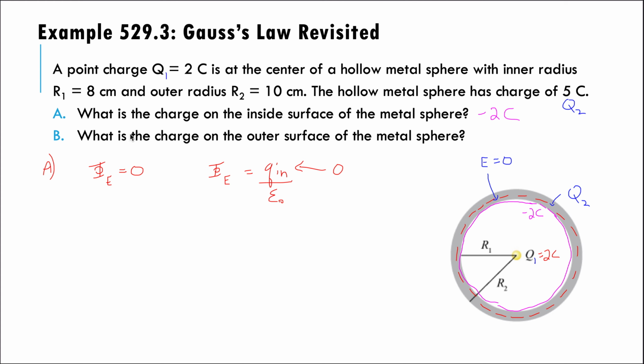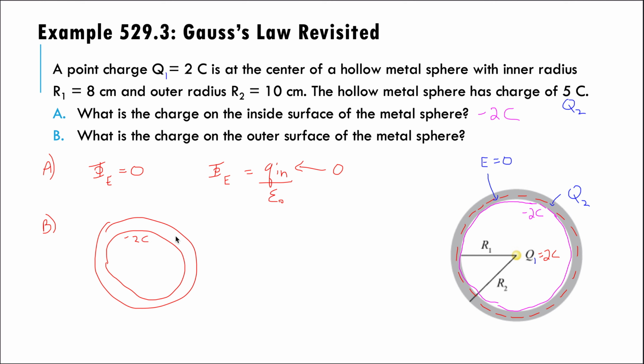Part B, what is the charge on the outer surface of the metal sphere? We know that the sphere has a total charge of 5 coulombs. I'm going to redraw it here: it has negative 2 coulombs on the inside.